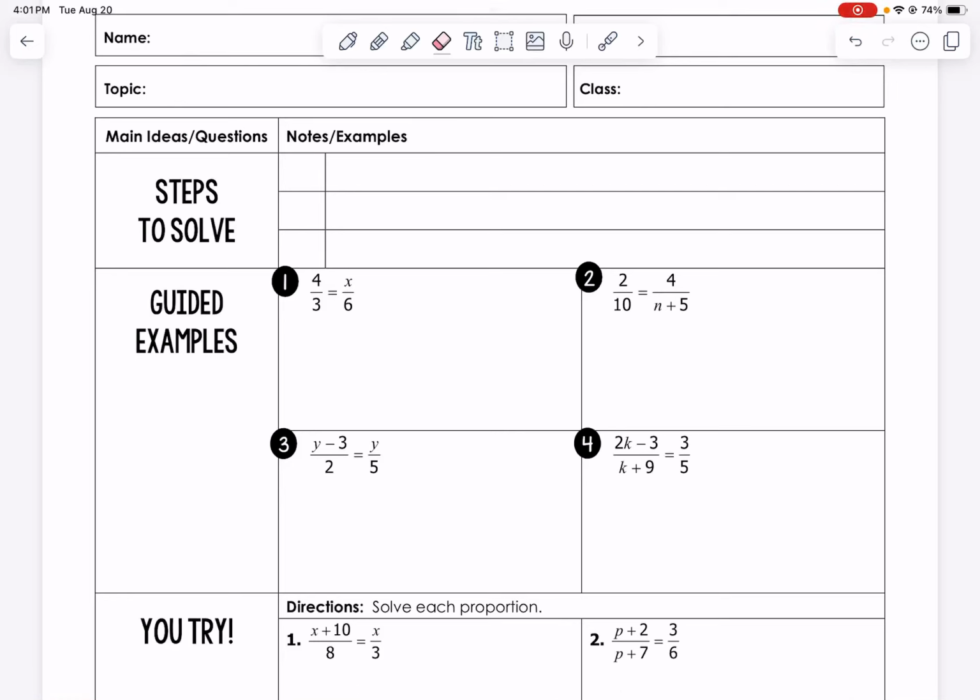So the steps to solve a proportion equation are, first, we're going to start with cross multiplying.